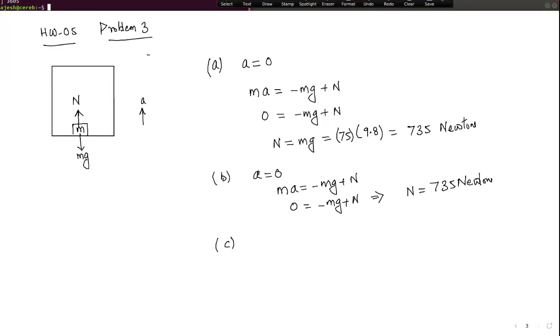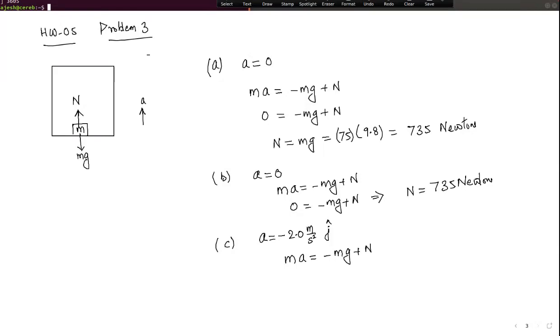In the third part, we are shown it's slowing down at 2 meters per second square while moving upward. So if it is slowing down while moving upward, the acceleration is equal to minus 2.0 meters per second square in the downward direction. So let me say this j hat, right? So j hat is upward. So we have mass times acceleration is minus mg plus n.